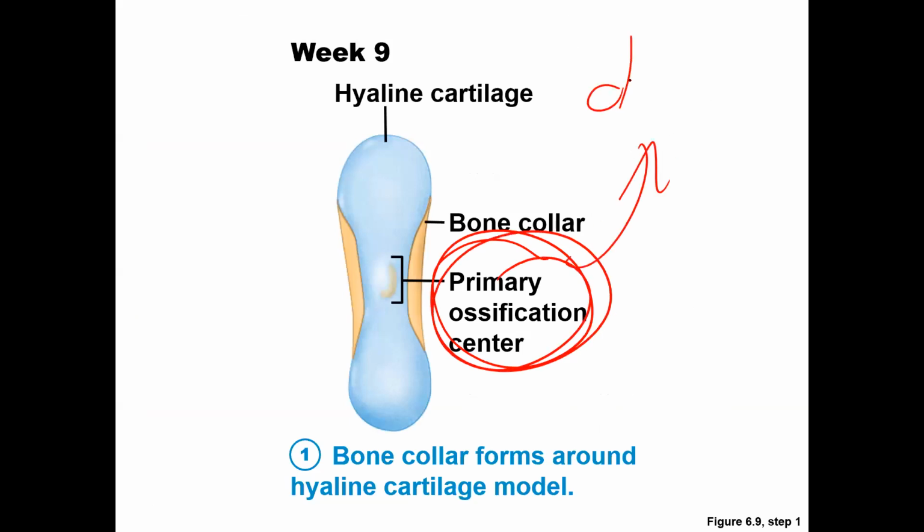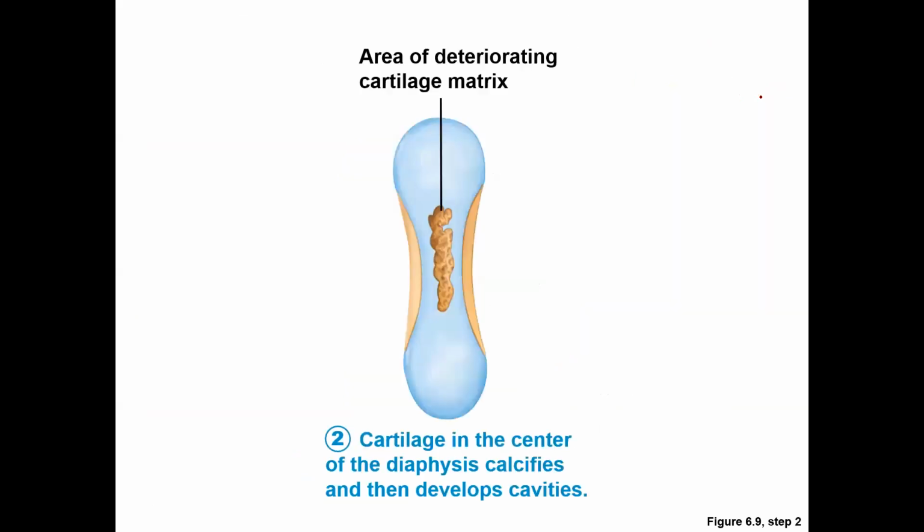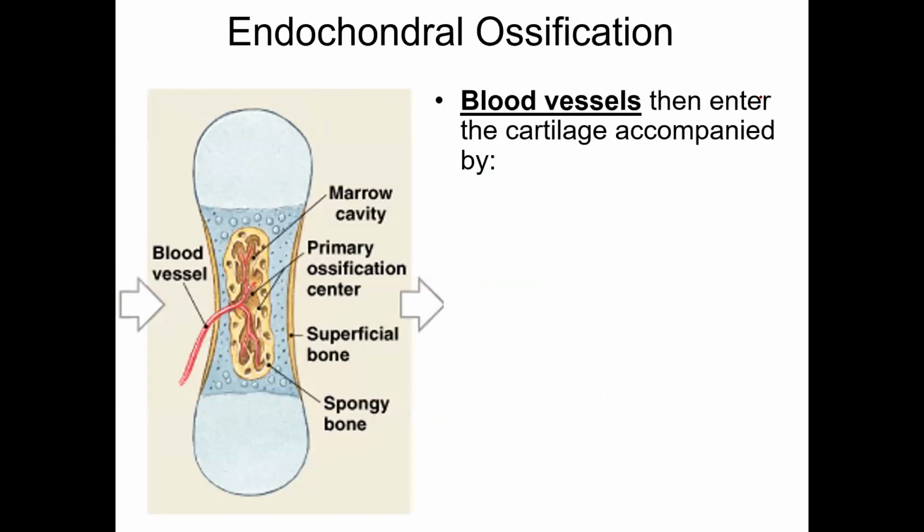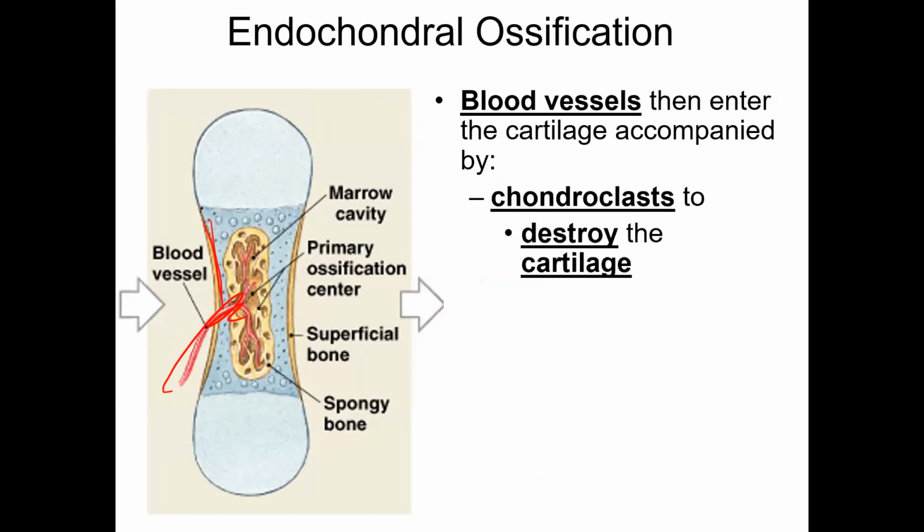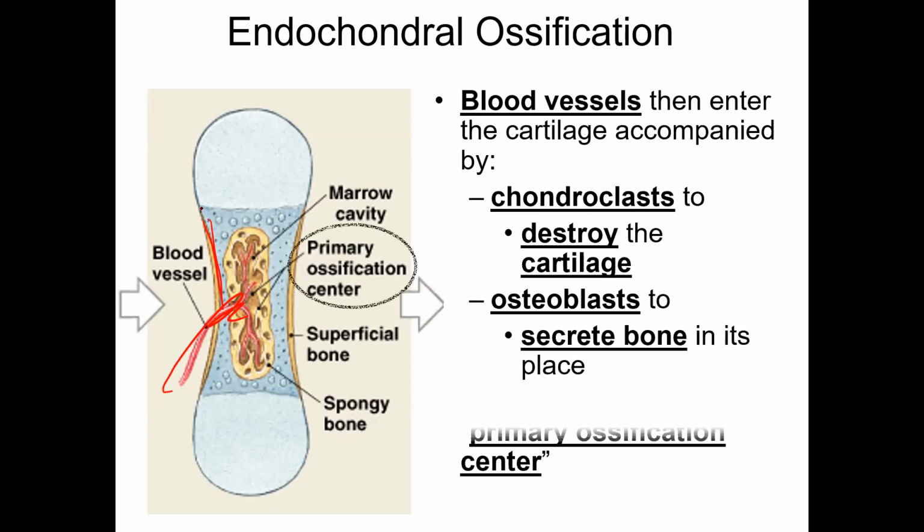This is where the diaphysis begins to form. There you see them die. Now that blood vessel is going to punch through, and because it's growing through this collar bone out here, it's going to bring with it chondroclasts that break down that dead and dying cartilage, and osteoblasts to secrete bone in its place.